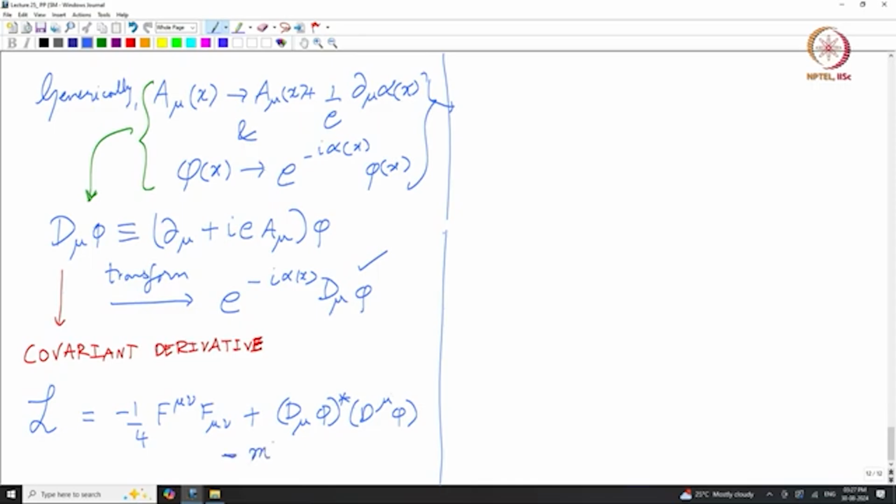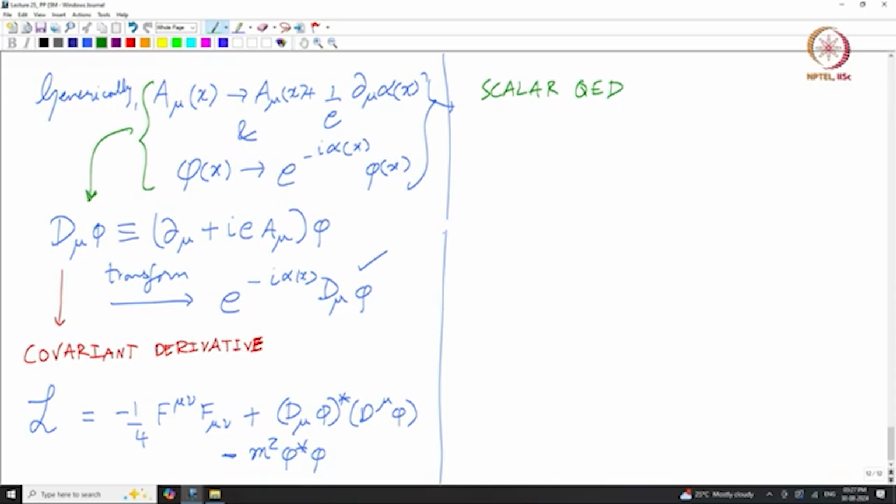And of course the mass term, which was not problematic to begin with, correct. What shall we call this theory? This is what is known as scalar QED.